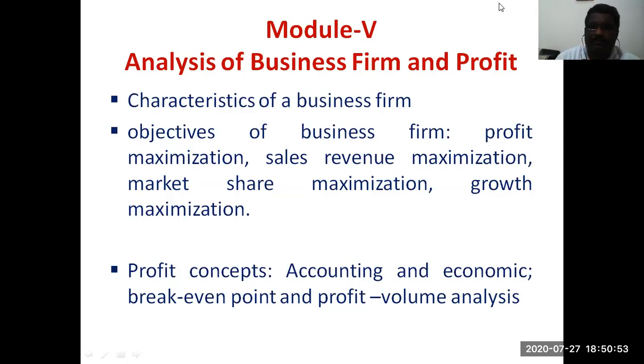So in this module, characteristics and objectives of business firm and the profit concept, different types of profit concepts are included. So this is the syllabus for first year microeconomics for UG, for BA and BSc economics students also. This syllabus is for BA and BCom, BA and BSc students only.